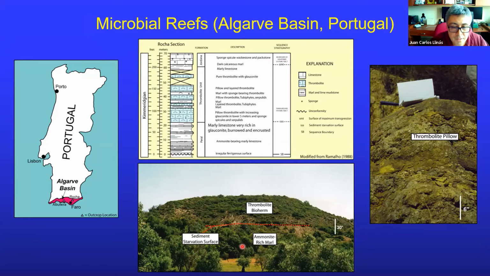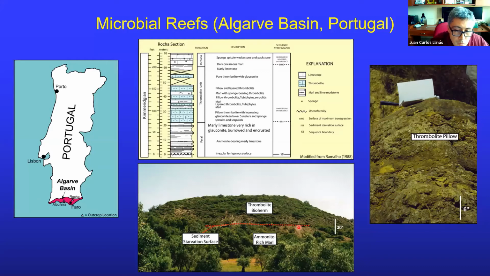Here, there is a thrombolite bioherm. The term bioherm is used to describe these domal structures, like the one we see here. This one is more thrombolitic than the other one, and it was deposited at 70 meters of water depth in an outer ramp setting.